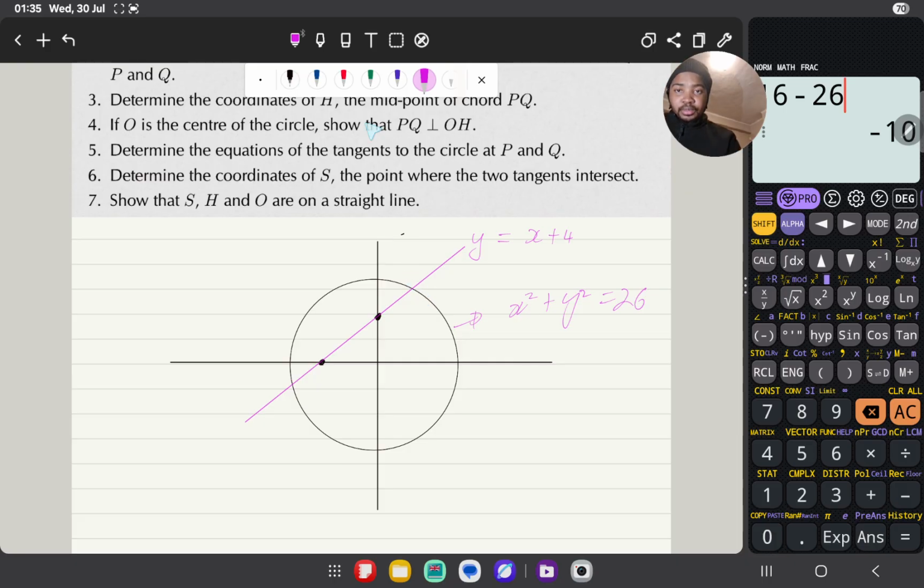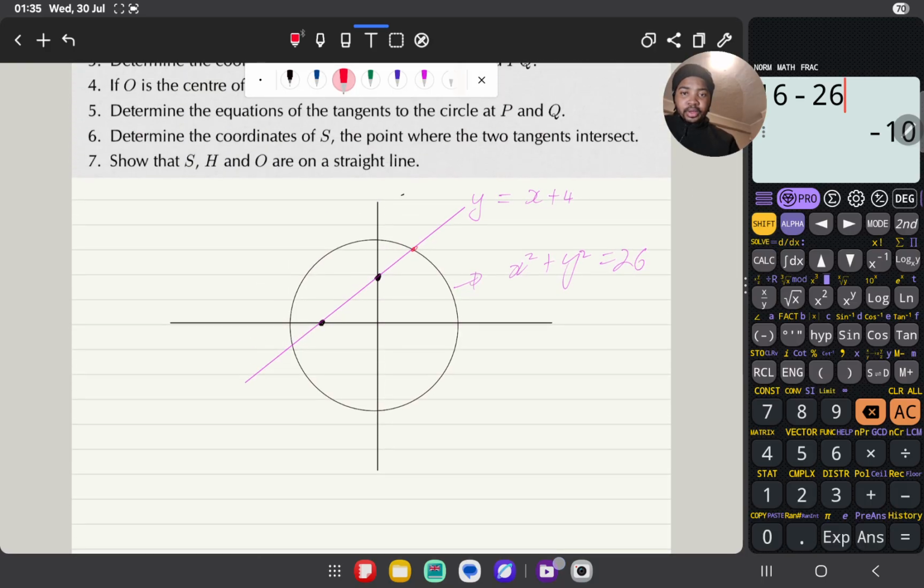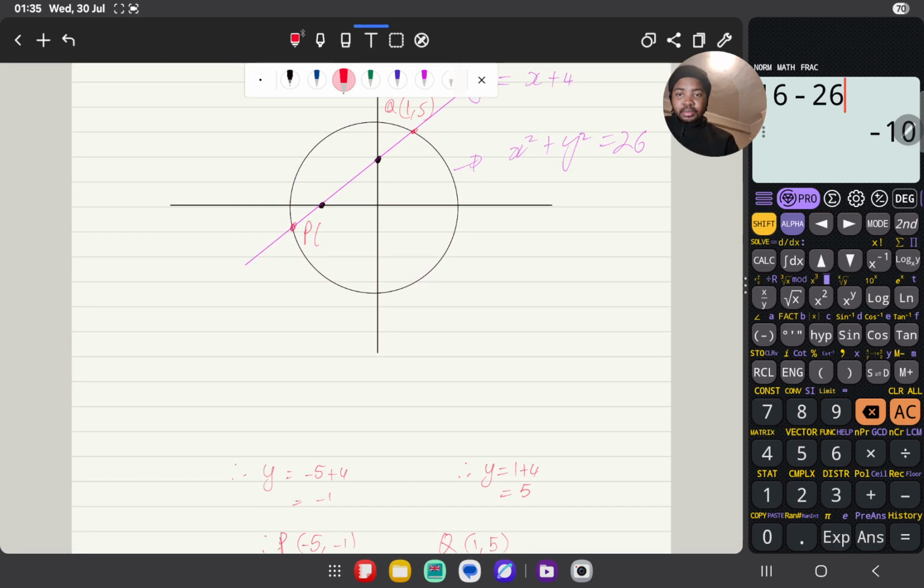And this point, 1 and 5, that is Q, and here we have P, which is minus 5, minus 1.